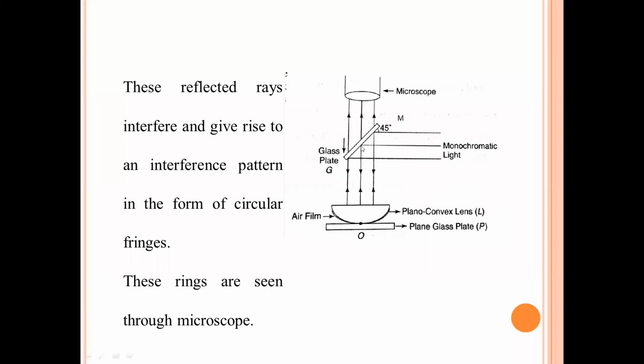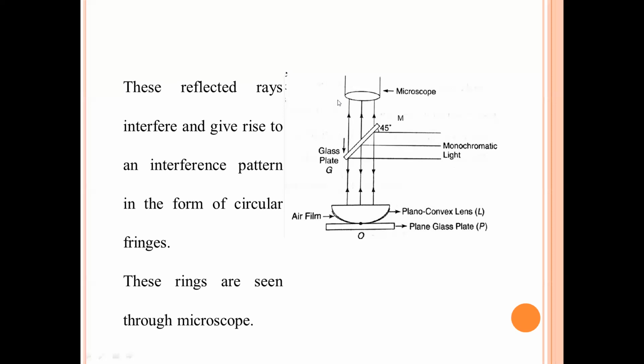Now this beam of light rays is converted into normal rays, and these normal rays are incident on the plano-convex lens. Automatically there is one reflection. Again, some rays are incident on the plain glass plate and they are also reflected. So the ray reflected from the bottom surface of the plano-convex lens and the ray reflected from the top of the plain glass plate are superimposed to give dark and bright rings.